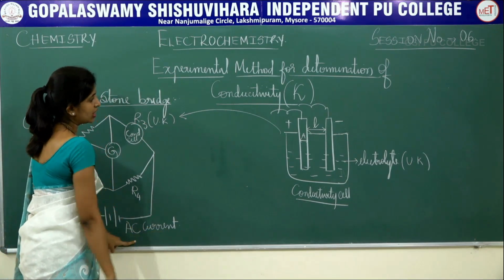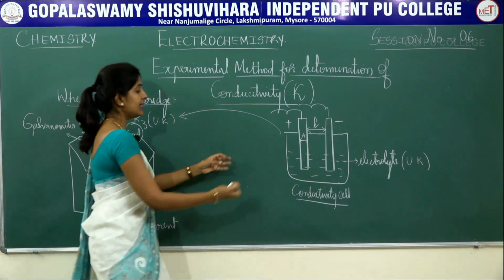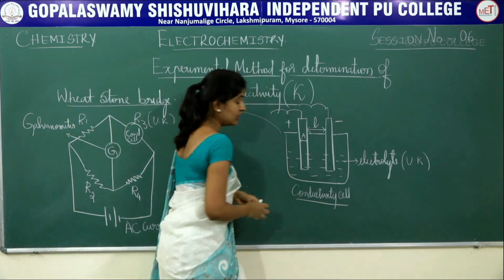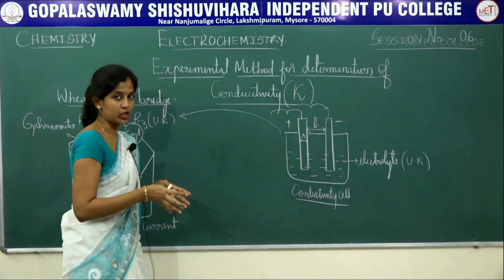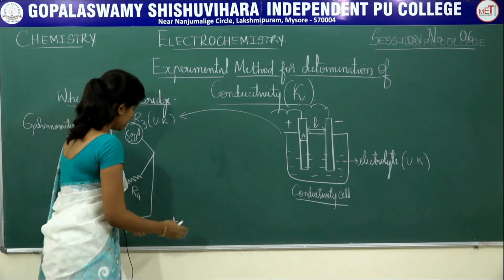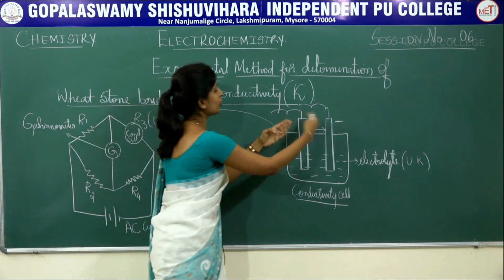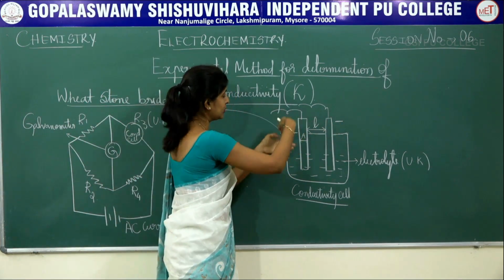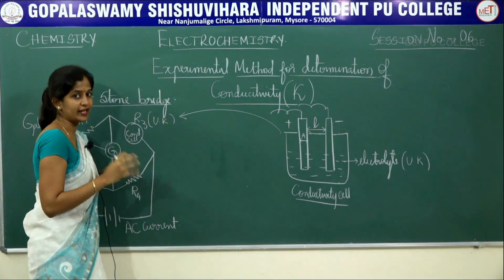AC current is used because if a DC current, that is a direct current, is used, the ions present in this electrolyte, instead of conducting, move towards the respective electrodes and get deposited. As a result, you use an AC current. AC current is alternating current, wherein the electrodes keep on alternating. That is, a cathode becomes an anode, anode becomes a cathode, wherein there is no deposition of ions.